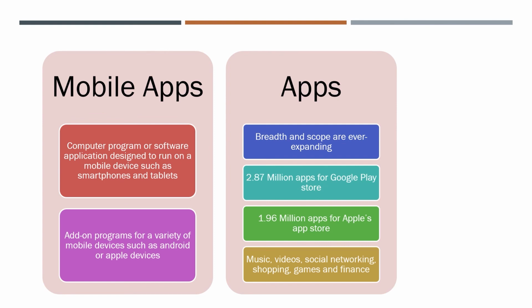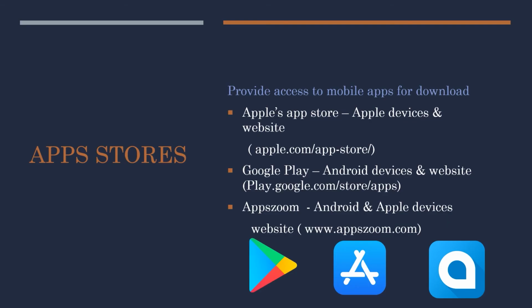These apps have specific functions, like music, videos, social networking, games, and also finance. For example, Spotify for music, YouTube, TikTok, Facebook, Instagram, Twitter, and also CIMB Click. You will need an app store to download the mobile apps that you desire.